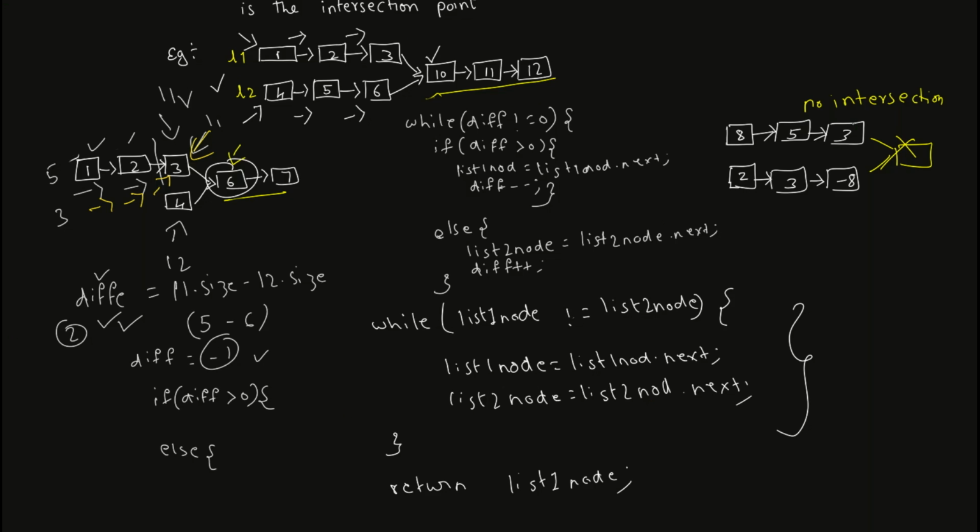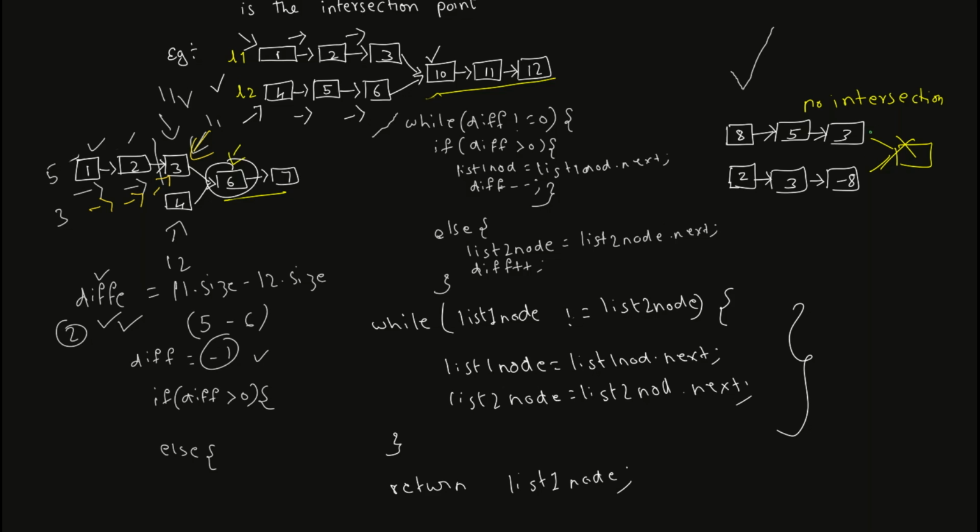So this code will run with these two cases. Let's see if this code will also run with this case. Here the list1 size is 3 and the list2 size is 3, so the difference is 0. This while loop will not be executed and we directly come to the next while loop, which will execute until the end of both lists.